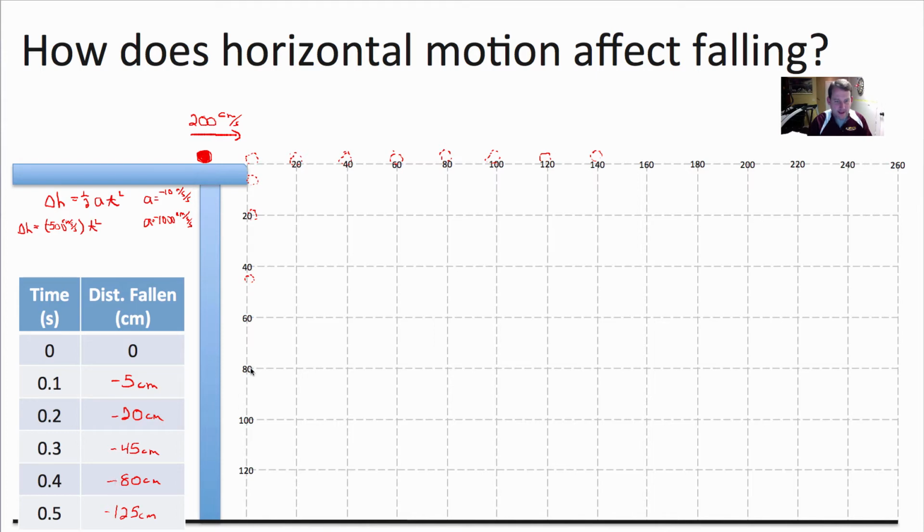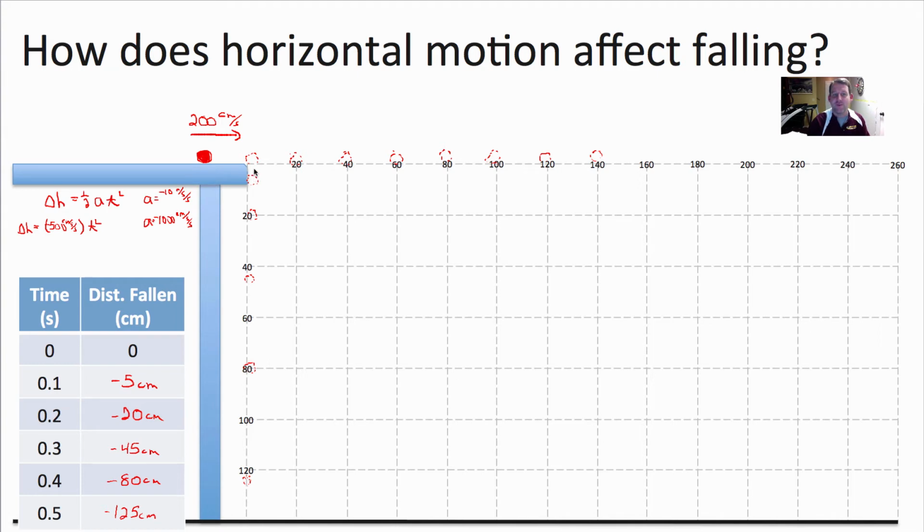And then at -80, about here. And then about -125, which is about here. So this ball is doing two things at the same time. It is moving sideways and it is falling. Its sideways motion is here, here, here, and here, while its falling motion is here, here, here, and here.